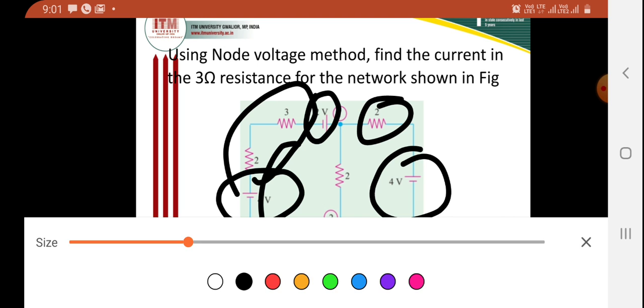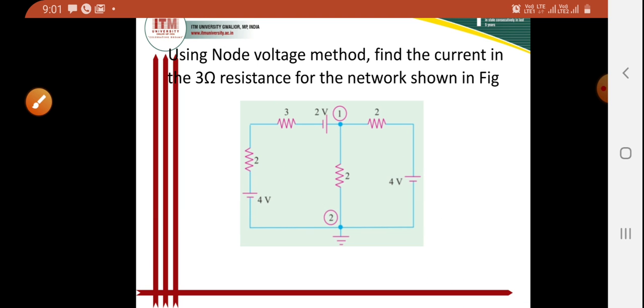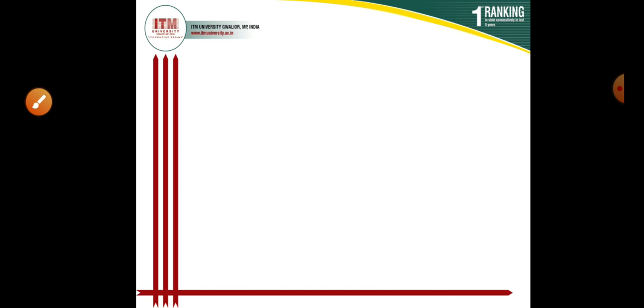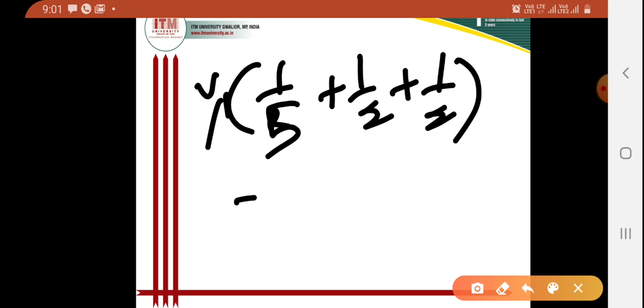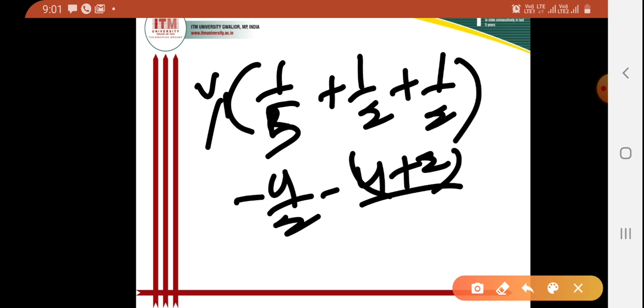So for that again I am coming to the blank slide. I am writing V1, the reciprocal of the resistances which are connected: 1 by 5 plus 1 by 2 plus 1 by 2, minus 4 by 2, minus 4 plus 2 by 5 is equal to 0.